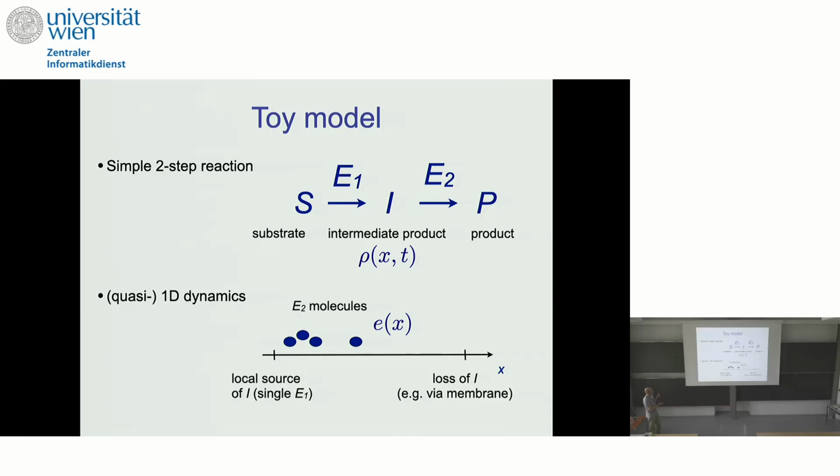On the left-hand side, you have a source of the intermediate. And then the question is how to place enzymes in the system, a finite amount of enzymes, such as to optimize the total product flux.